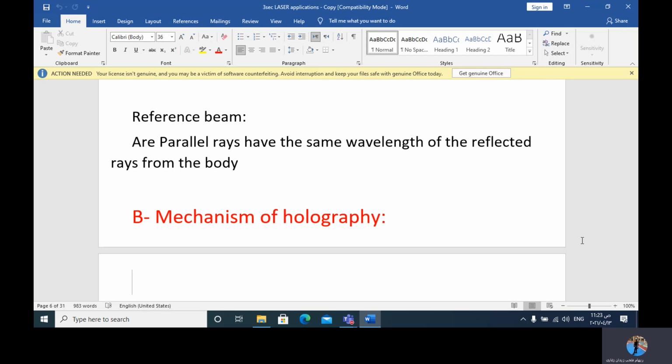Now, I split the beam coming out from the laser into two groups: a reference beam and another beam which will fall on the object. What is a reference beam? They are parallel rays, have the same wavelength as the reflected rays from the body, and we use this to form a hologram.